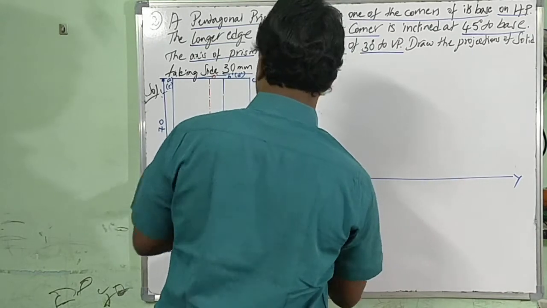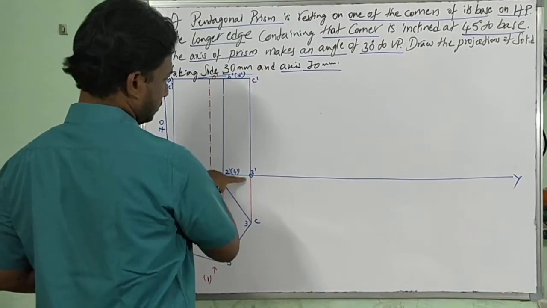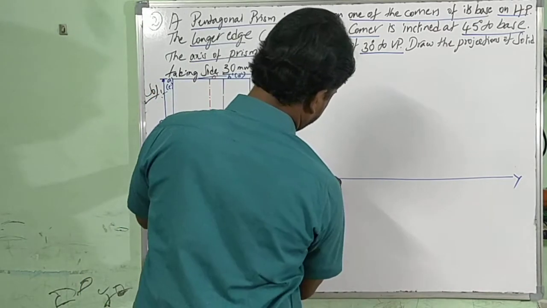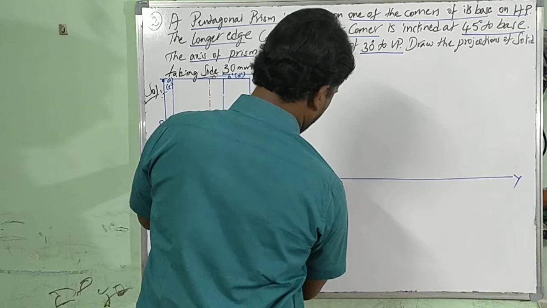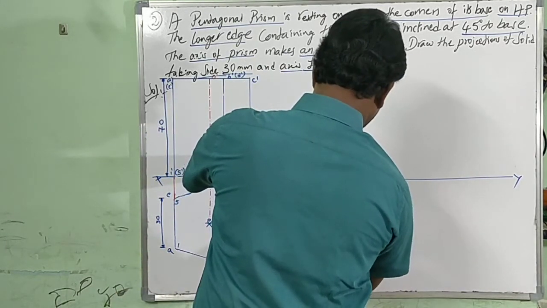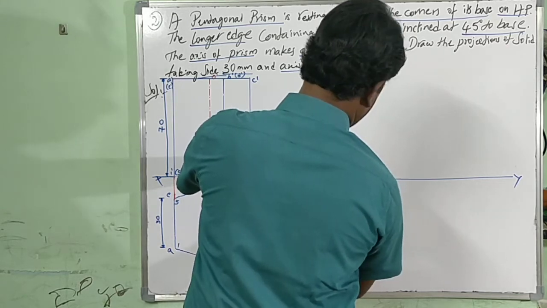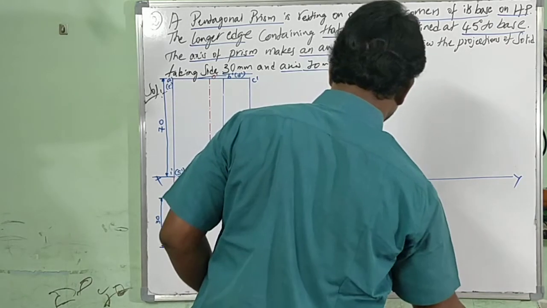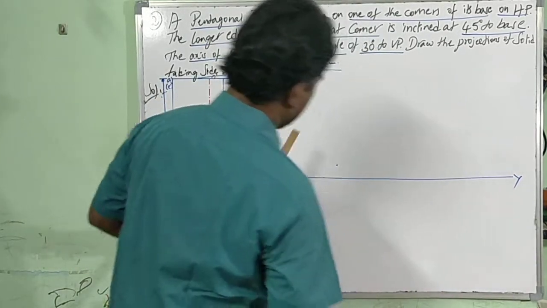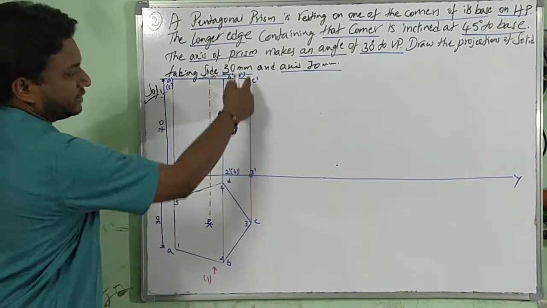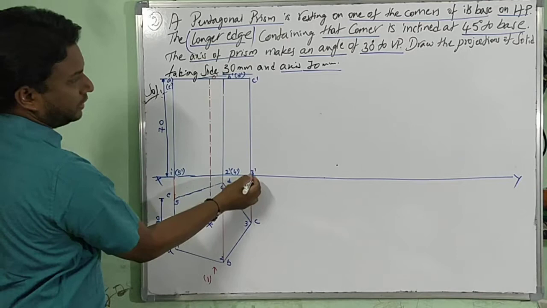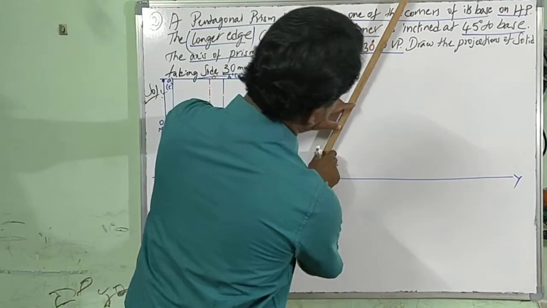So consider a point. I have to draw a 45 degrees line. See what has to come at 45 degrees? 3 dash C dash, which is the longer edge with respect to this corner. 3 dash C dash is the longer edge.